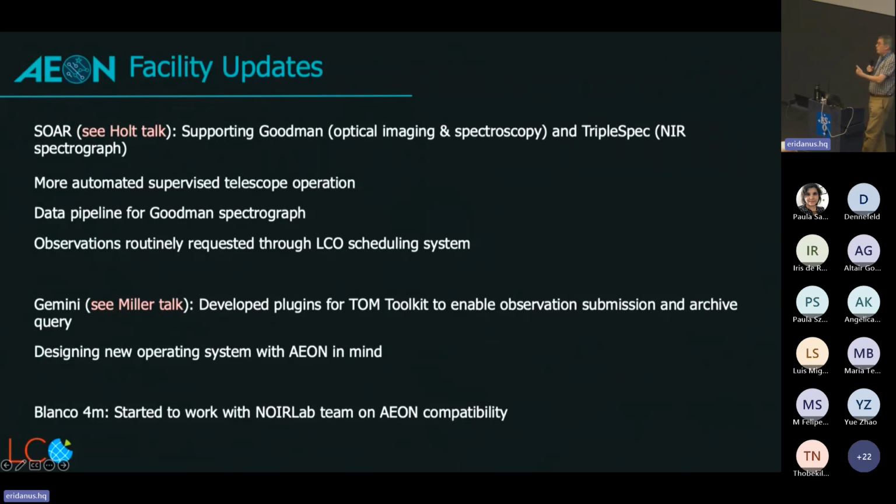SOAR is moving towards more automated and supervised telescope operation. There are new data pipelines coming online for the instruments, and the amount of time that is being executed in AEON mode is increasing, and this is being run through LCO's scheduling system. SOAR is effectively treated as part of the LCO network for scheduling purposes.